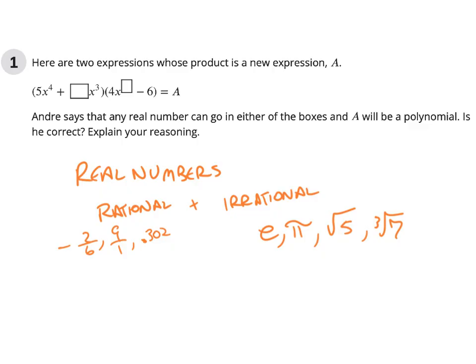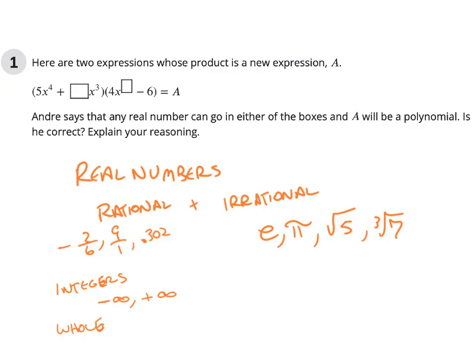All right. Rational numbers also include integers. Integers go from negative whatever to positive infinity in whole amounts. So real rational numbers, you got rational, you got integers, you got whole numbers.